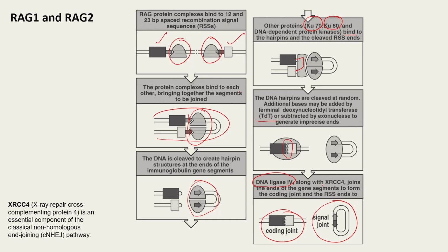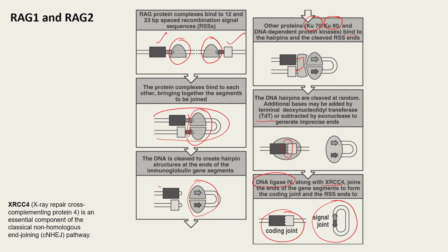There are proteins involved here called XRCC4, which is X-ray repair cross-complementing protein 4, an essential component. Essentially what we are discussing here is called non-homologous end joining, NHEJ, which we have studied in molecular biology.